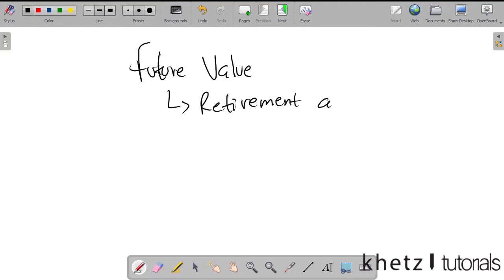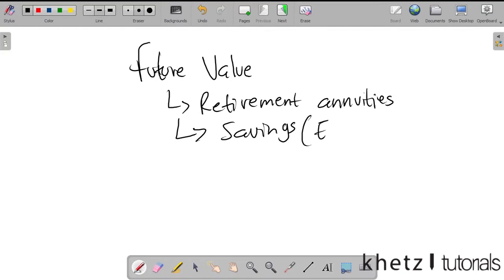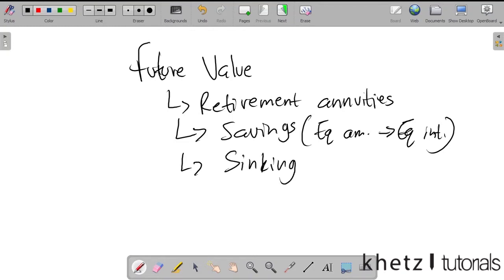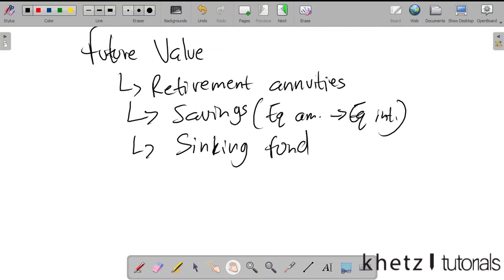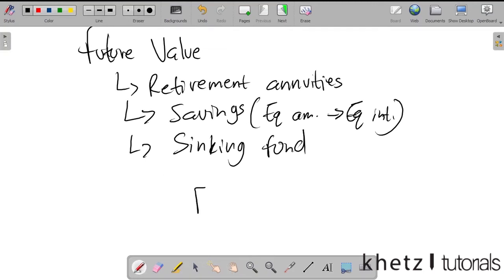So we'd be talking about retirement annuities, or you basically just want to save, and you're paying equal amounts at equal intervals. Or basically you want to set up a sinking fund, which I talked about in the previous video.